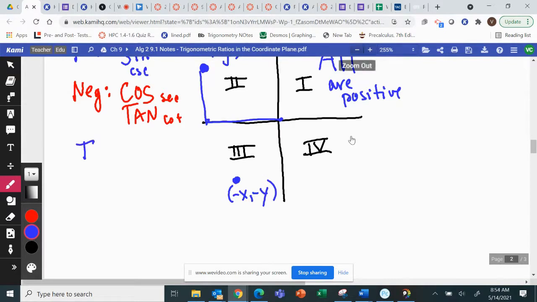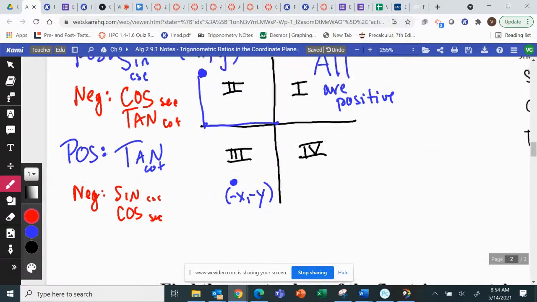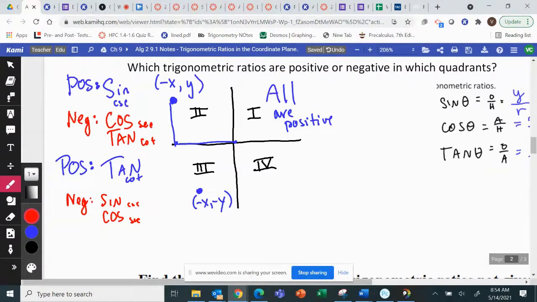I didn't write positive. And so negative would be sine and cosine, and then their reciprocal ones. Okay, and then in the fourth quadrant, what can be positive? My fourth quadrant ordered pair would be positive x, negative y.